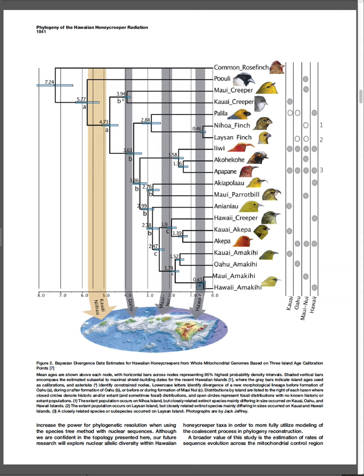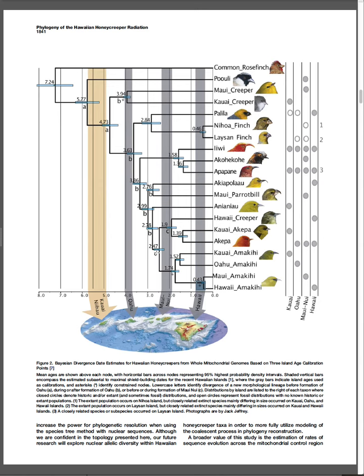So you can see the 3 different calibration points. We'll talk about the distance between those and how that informs your analysis. But the other thing that I want you to look at is that I also have letters on here, A and B and C. Each of those identifies a major morphological type within the Hawaiian honeycreepers.